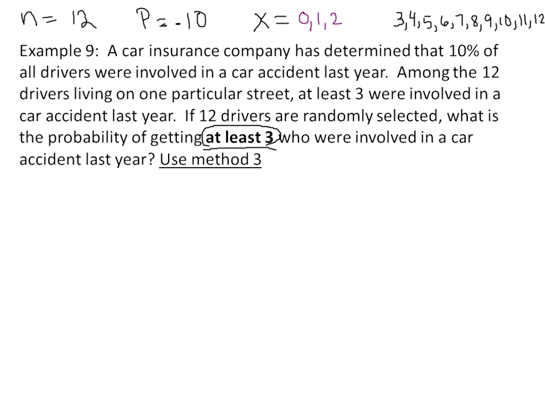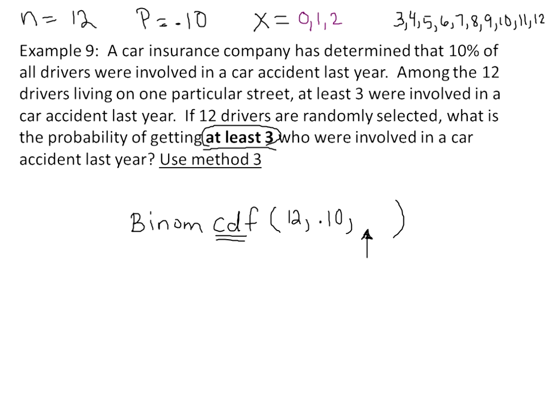All right, so that's where I was. So if I use the binomial CDF, and I do that because I have more than one value of x. So n is 12, p is 0.1. Now the value of x that I enter here, it's going to find that value of x and everything to the left.